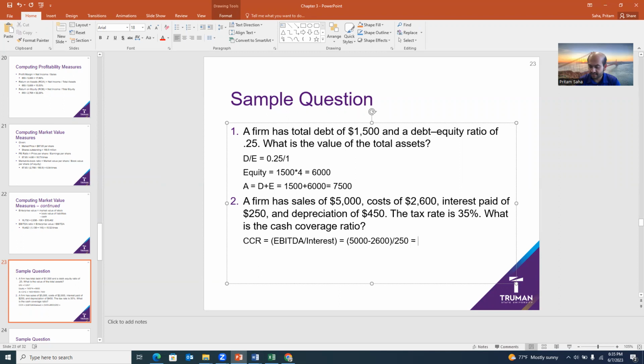So basically it is 2,400 divided by 250. And that should be, I believe, 9.6. Please do these practice questions. These are good practice for your midterm one exam. Let me know if you have any questions.